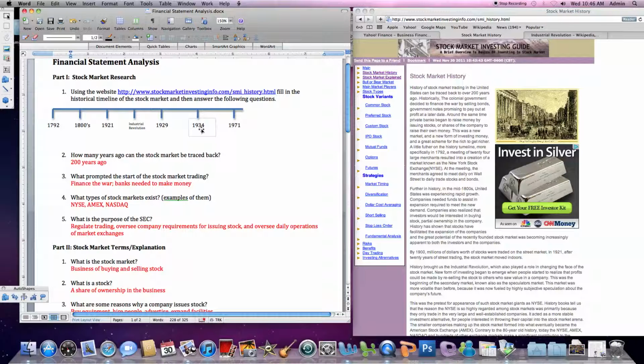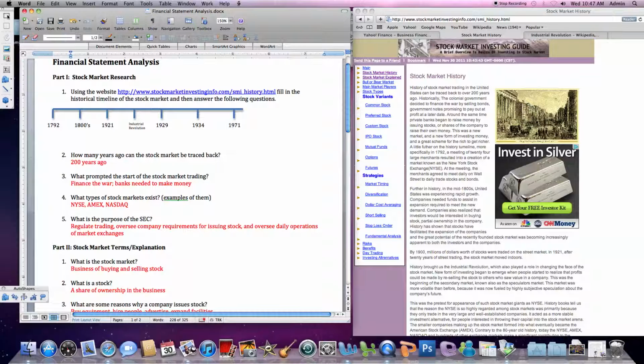In 1934, because of the lack of control over the stock market, Congress enacted the SEC Act, which brought about the creation of the Securities Exchange Commission. They oversee the stock market and regulate it. And then many years go by. In 1971, the NASDAQ was founded, which is the first electronic stock market.